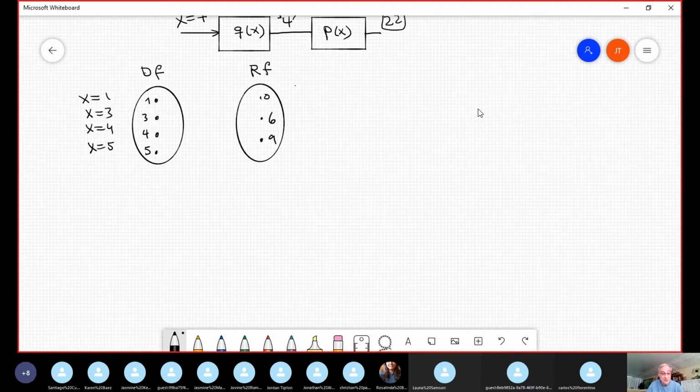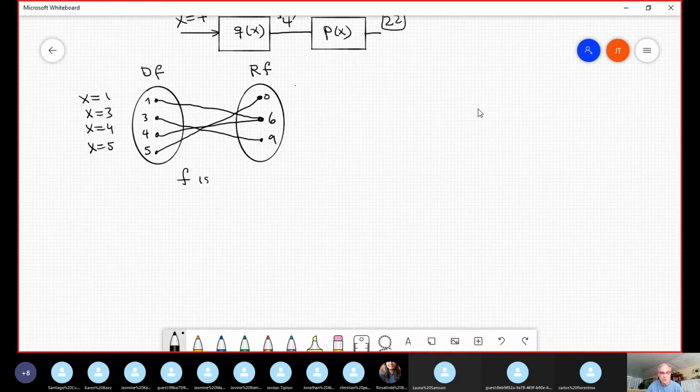I don't know exactly what it is, but 1 is associated with 6, 3 is associated with 9, 4 is associated with 6 again, and 5 is associated with 0. Okay, this is my first function, I call it f.